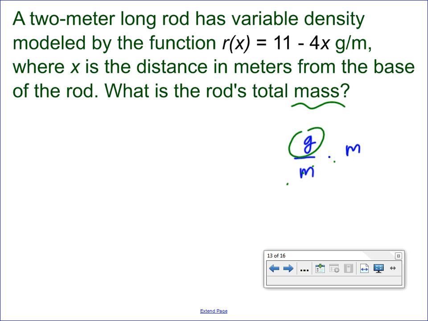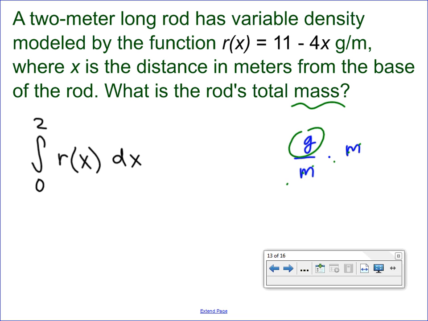And so it looks to me like we can just set this up. The base of the rod would be 0 meters away from the base, and the end of the rod would be how far away? 2 meters away from the base of the rod. The r of x function and the x, where x is distance away. Awesome.